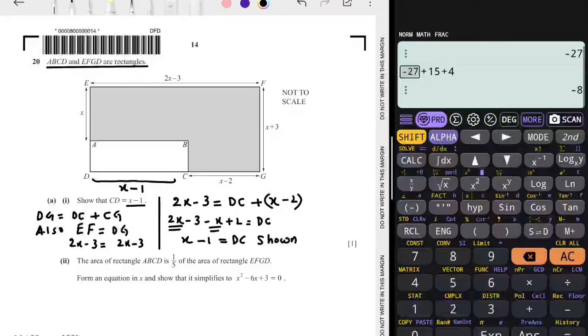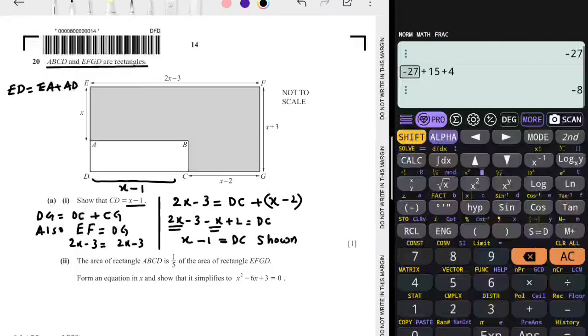Now we have to do the same working for the other side as well. ED is equal to EA plus AD.